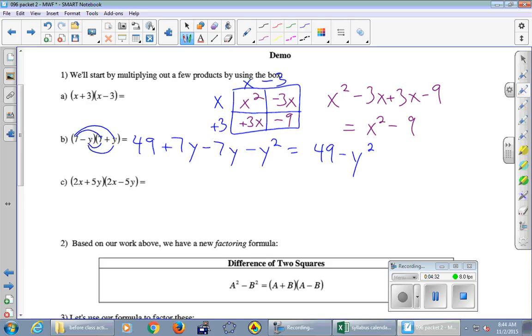And so trying to get at the heart of what's making those middle terms cancel, well, the things in the parentheses are exactly the same as each other, except one of them has a plus sign between the two terms and the other has a minus sign between the two terms. And anytime you have that particular pattern, those middle terms are going to cancel. We just got duplicates, except one plus and one minus.